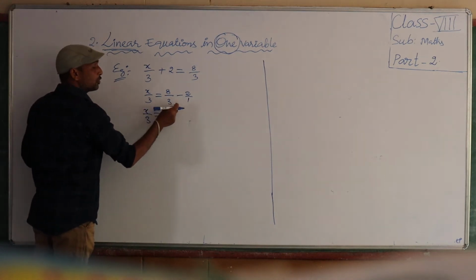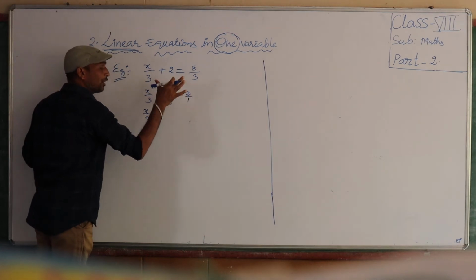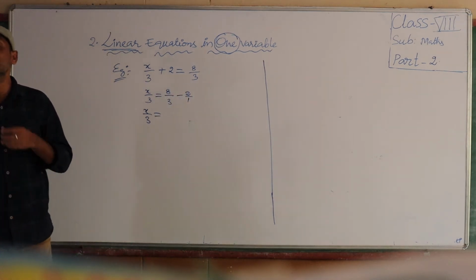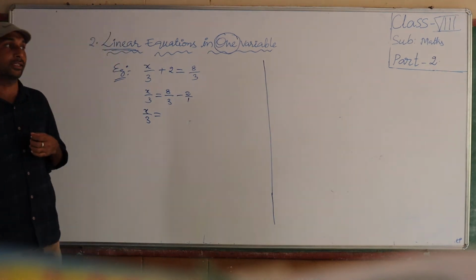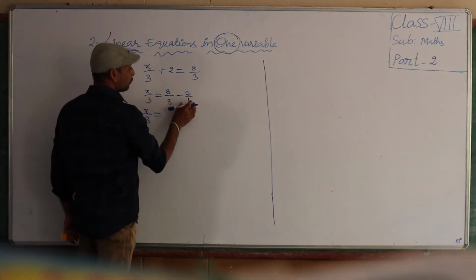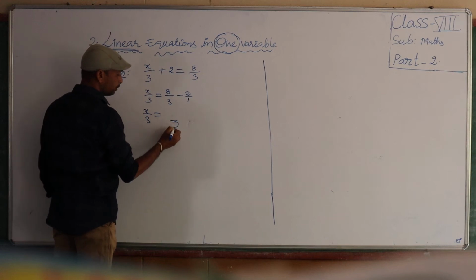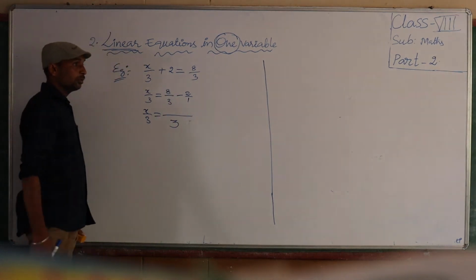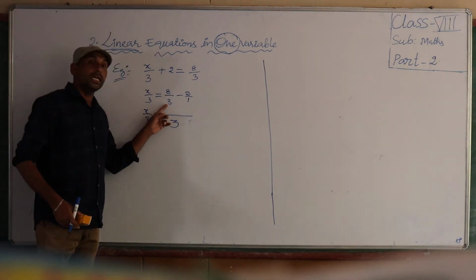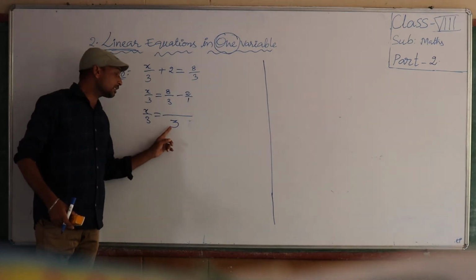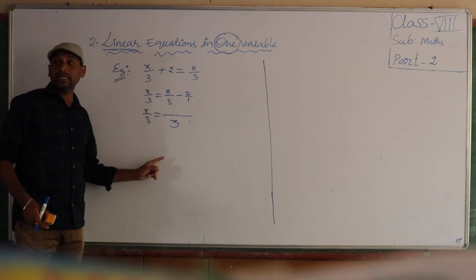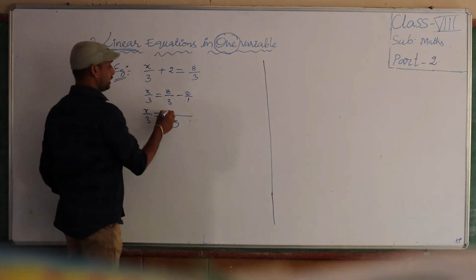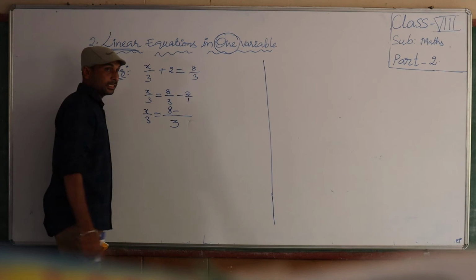Now here, when we are getting two fractions, we have to find the LCM of the denominators. So 3 and 1, LCM is 3. Now with 3, how many times does this LCM go? 1 time, 3 ones are 3. So 1 into 8, 8 minus.